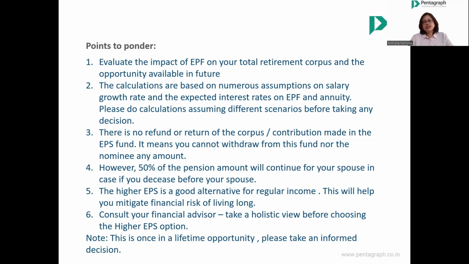There are a lot of types of risk which we, as financial advisors, try to mitigate with different options. This particular option is a good tool to mitigate the risk of living, because you'll be getting a regular income for life, which we don't know how long it is, and it is assured today.